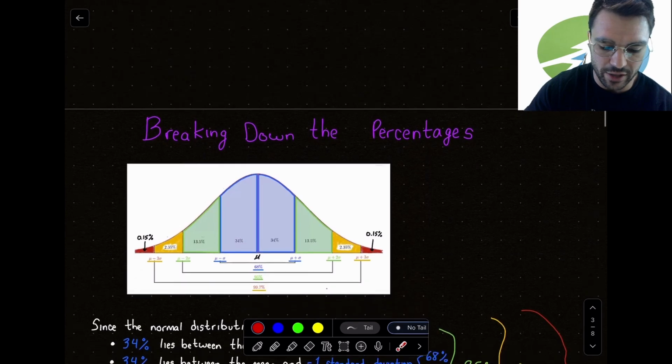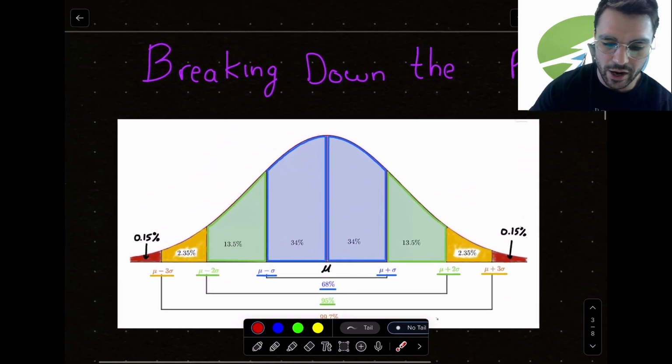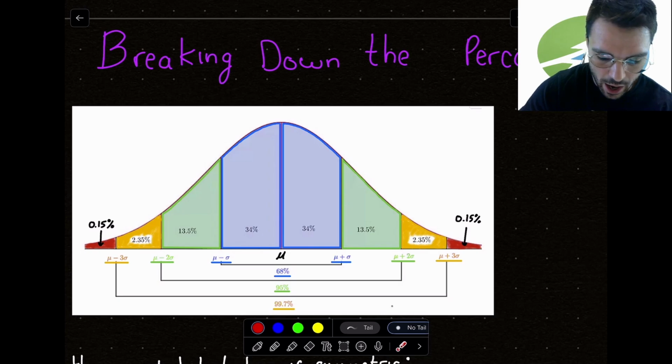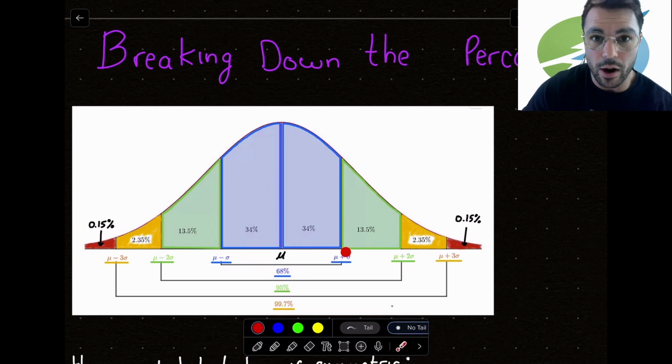All right, so what does that look like? Here we have a graph breaking that down. Cool, we can see it. So here we have mu, our mean. And I really like this graph because it breaks each section in half. So we can see here, this is our mean plus 1 standard deviation, and this is our mean minus 1 standard deviation.